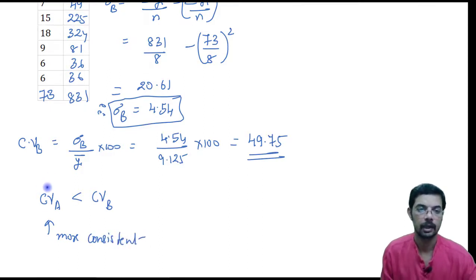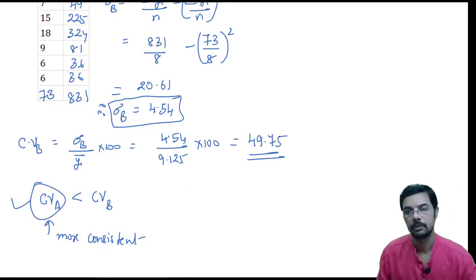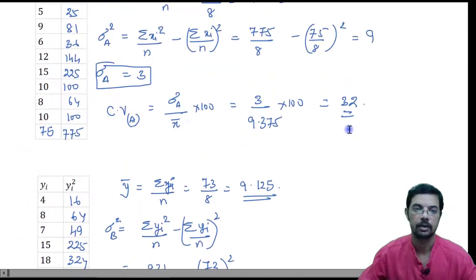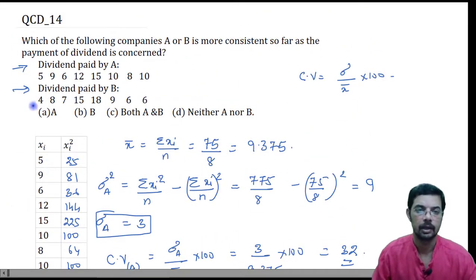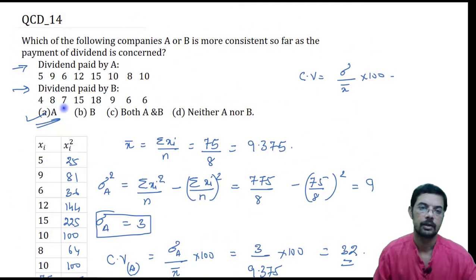Okay, company A is more consistent. So the option will be option A, that is company A is more consistent.